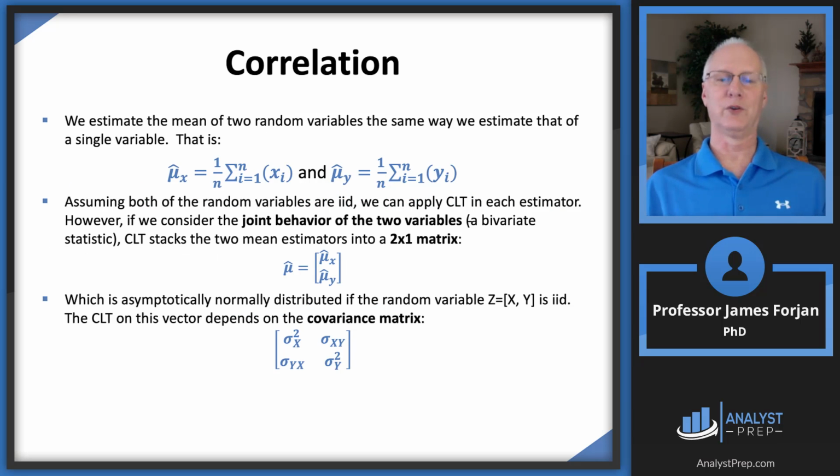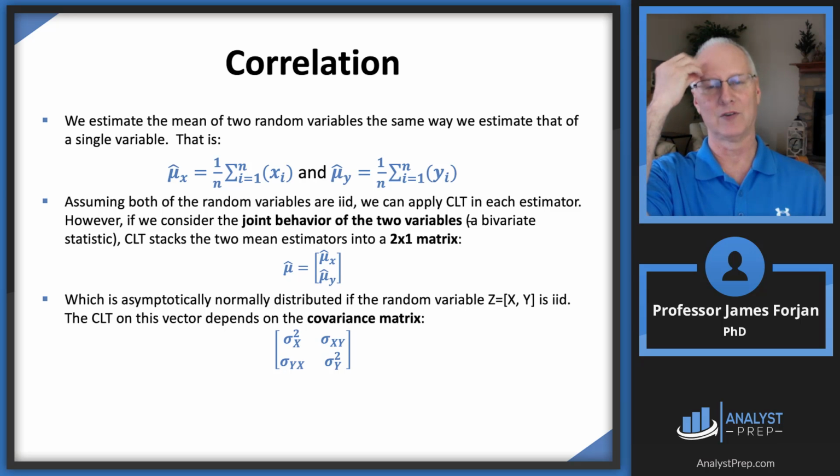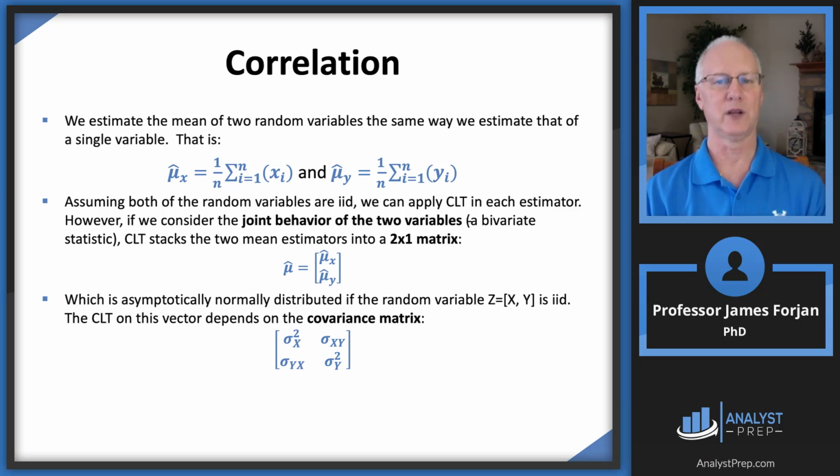Now, what we want to do is combine these covariances and variances as well. Look at the very bottom. I have what's called a covariance matrix. We have two random variables, x and y. Notice down the diagonals, we have sigma squared sub x, that's the variance of x.